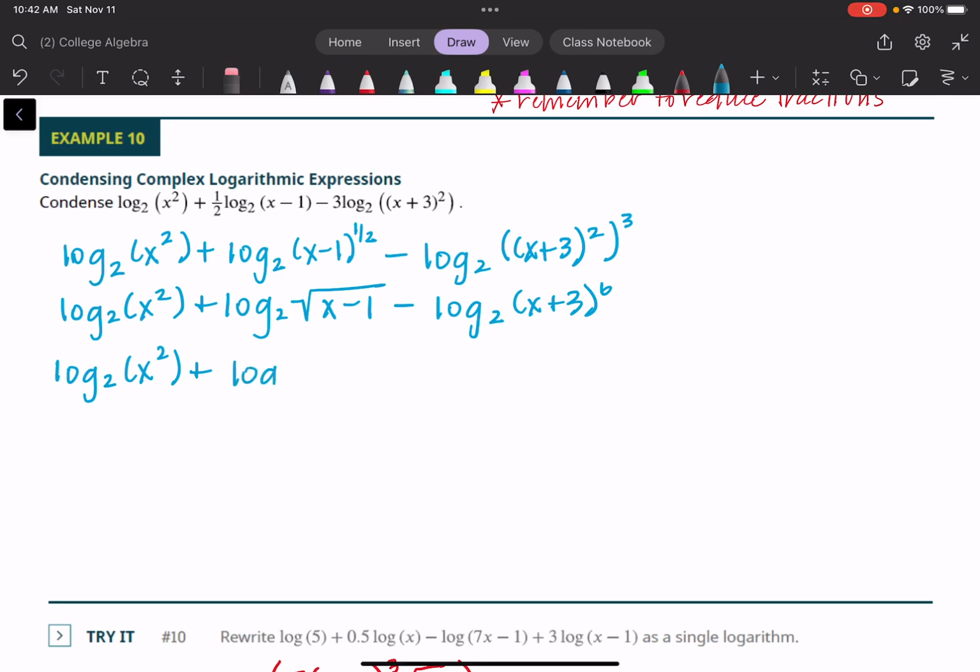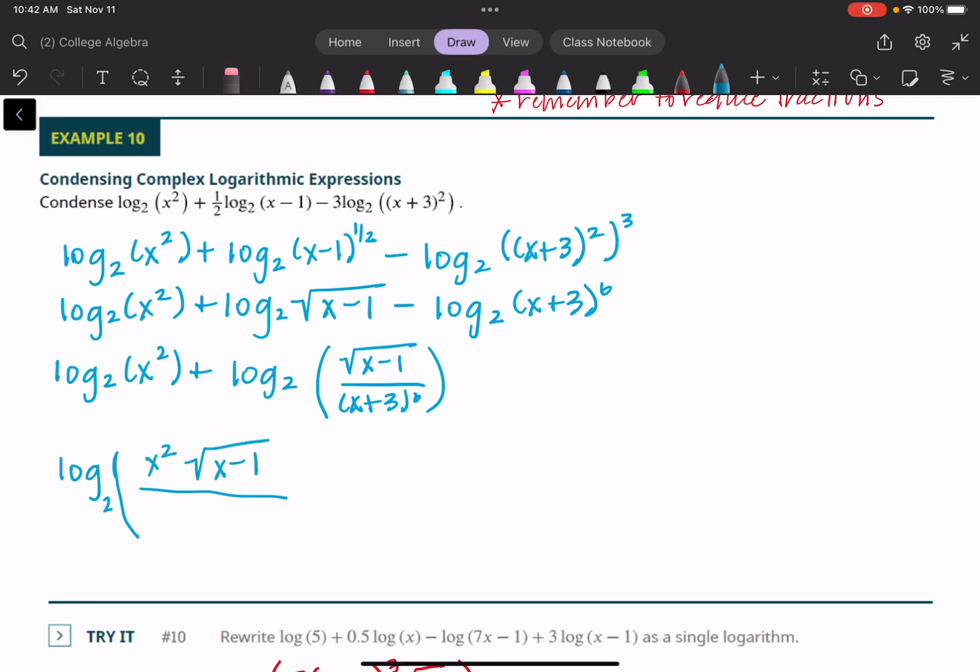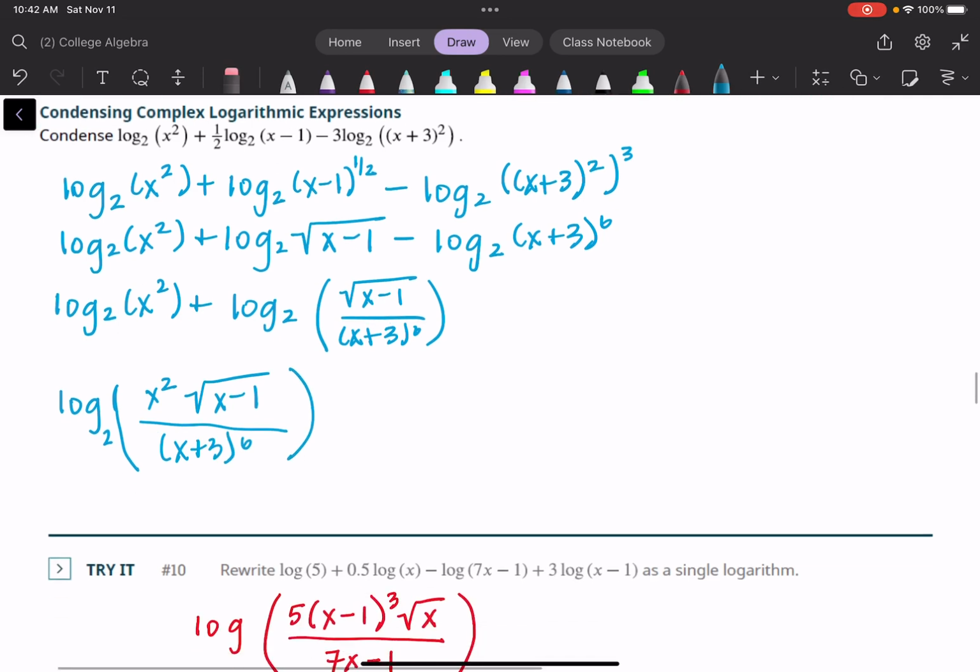So this will be the log base 2 of, the numerator comes first, and then the denominator. And then we'll handle the product rule. So this will be the log base 2 of x squared times the square root of x minus 1 over x plus 3 to the 6th. And there we go.